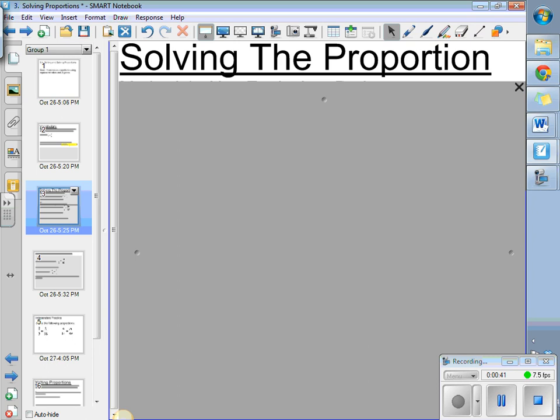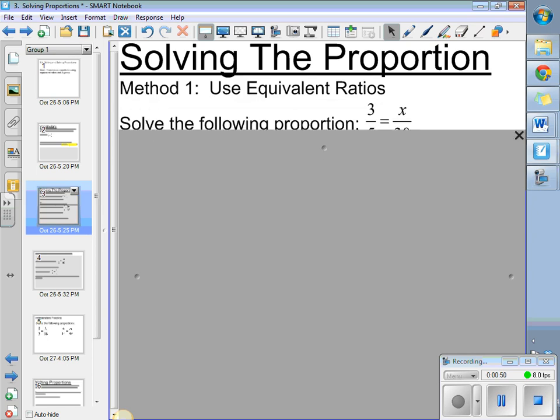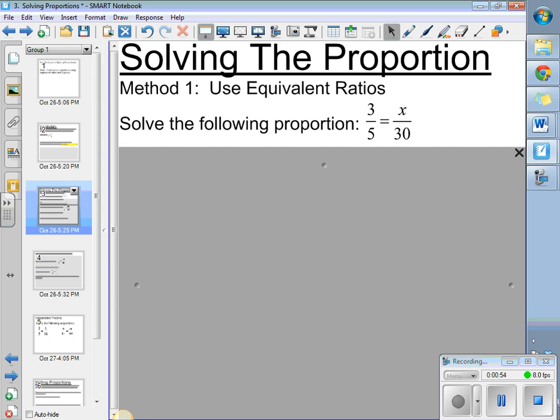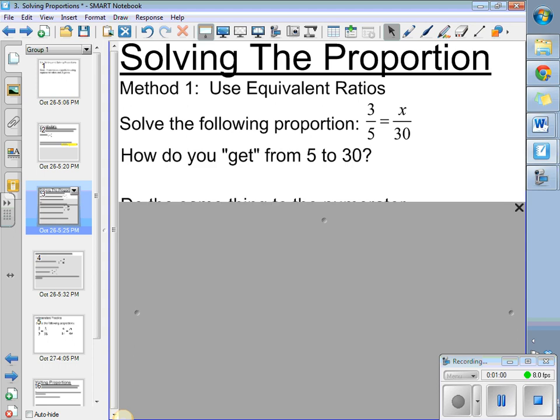As always, if need be, pause it, stop it, I'm going to keep going. Solving the proportion. Method 1. Use equivalent ratios. To solve the proportion, 3/5 equals x over 30. How do you get from 5 to 30?